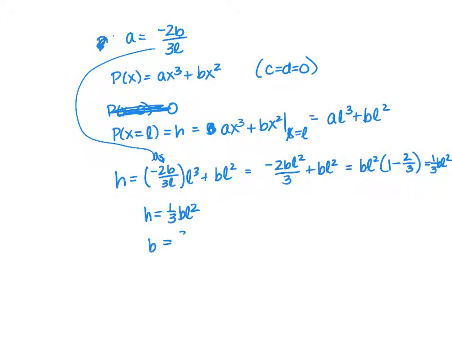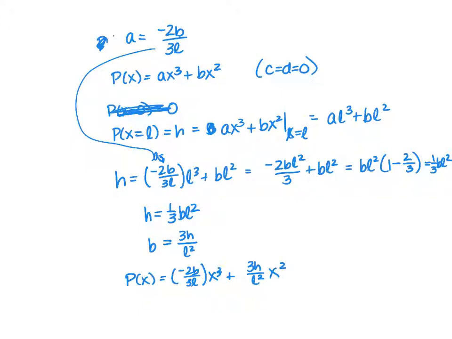So b is equal to 3h over L squared. So now, where I am right now is I have p of x is equal to minus 2b over 3L times x cubed plus b times x squared.